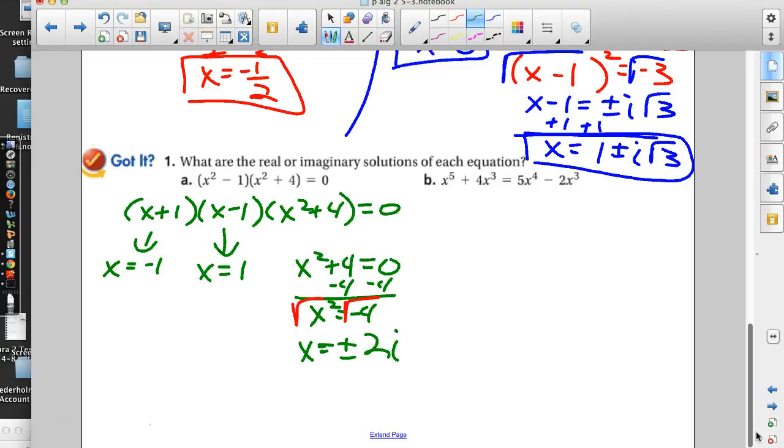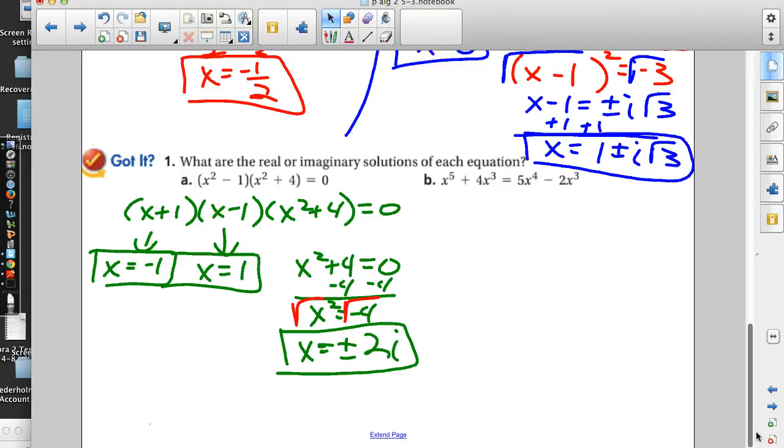And then I double check, did I get them all? Well, x squared, if we multiplied those together, that would be x to the 4th. That's a quartic. 1, 2, 3, 4 zeros. Got them all. It's just kind of a last second check. Did I find everything I was supposed to find?